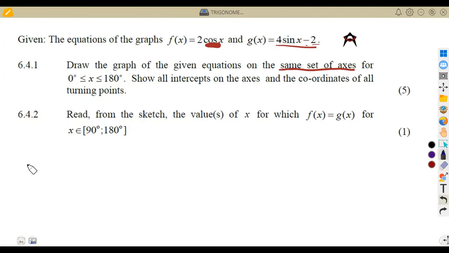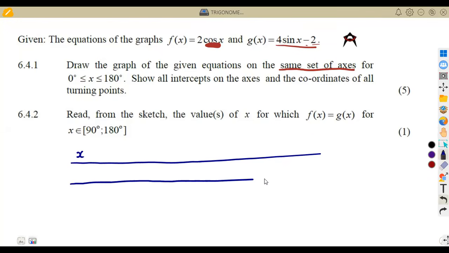All right, so we are going to start with f of x is equal to 2 cosine of x, or let us just combine them at once, because we are going to use the same values of x. So I'm just going to combine them, but please bear with me whilst I am having this. So let us have x. Remember, we are going to need the values of y which correspond. So we are going to have the values of y for f of x.